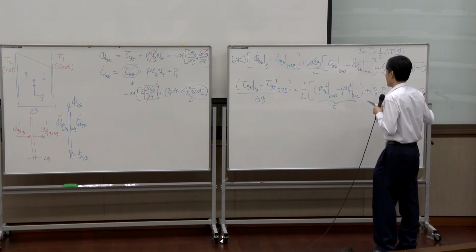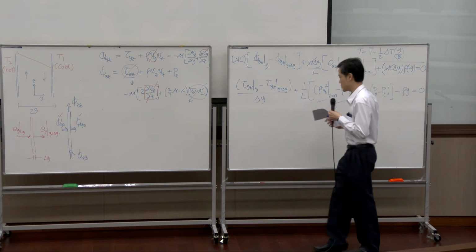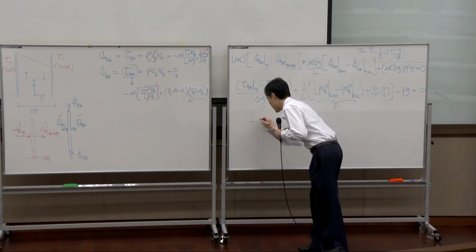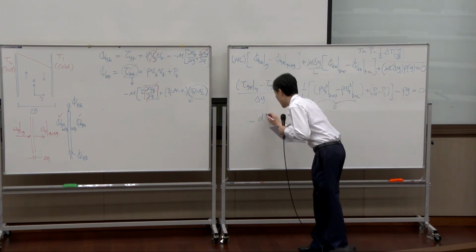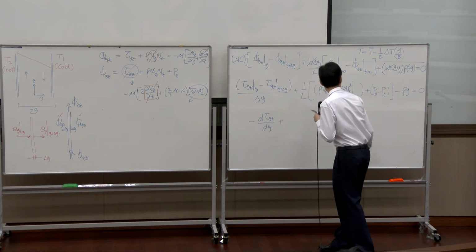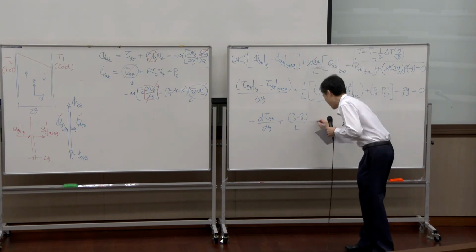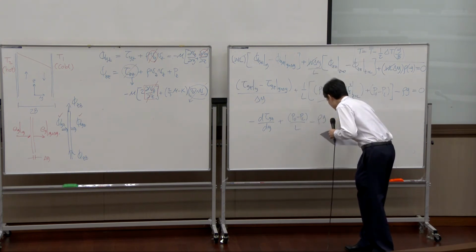From this part, if you take the limit delta y approaching 0, the first term turns to be the differentiation of tau yz by dy, plus pressure difference over L minus rho g equal to 0.